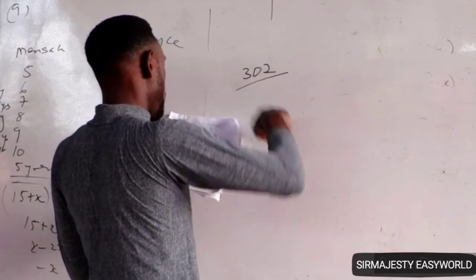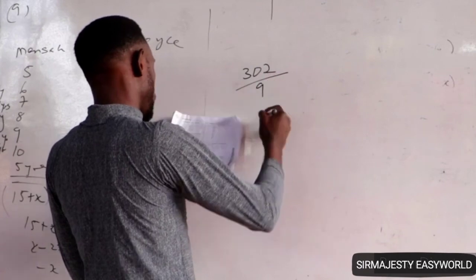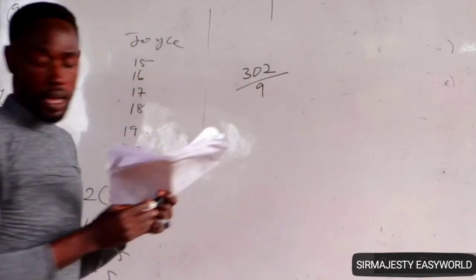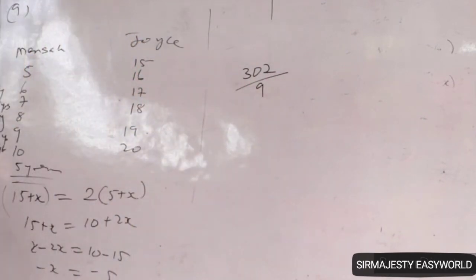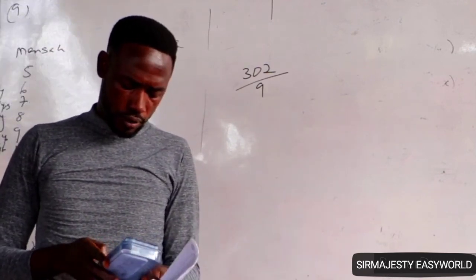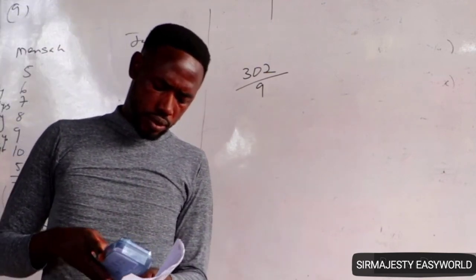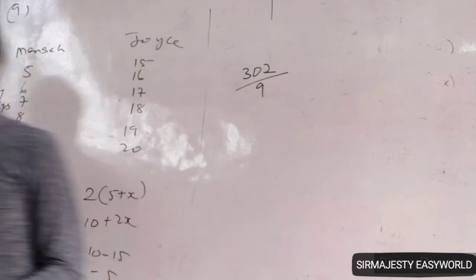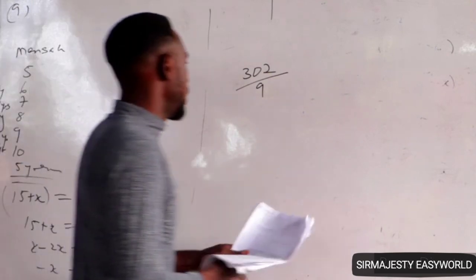So for you to know the number of cycles the cyclist has completed, you say 302 divided by 9. 302 divided by 9 is equal to 33.555555. Okay, that's that remainder.